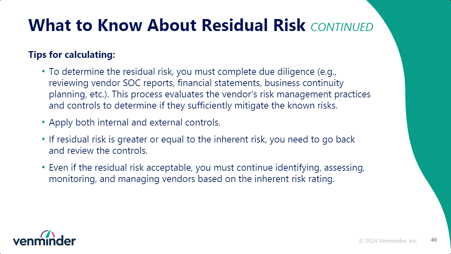And remember that residual risk is always equal to or lower than the inherent risk. Even if the residual risk is at an acceptable level, the frequency of risk assessments, monitoring, and managing your vendors will still be based on the inherent risk rating. So a vendor with a risk rating of high might be mitigated to moderate risk, but you're still treating it as a high-risk vendor.